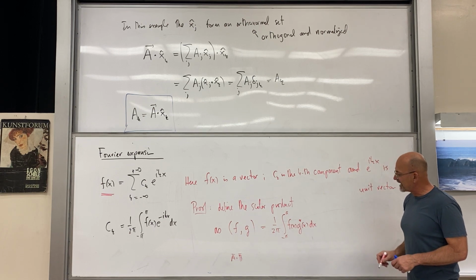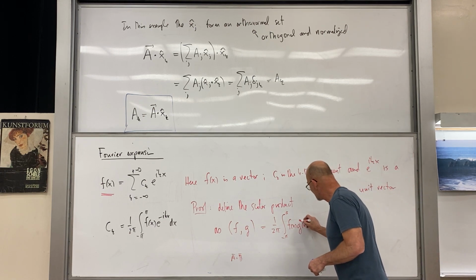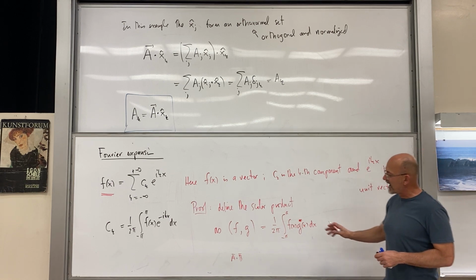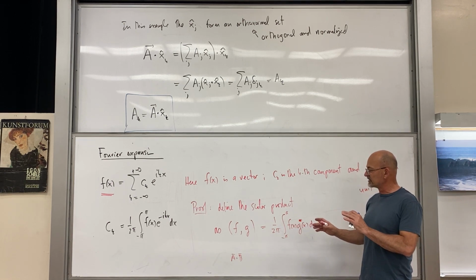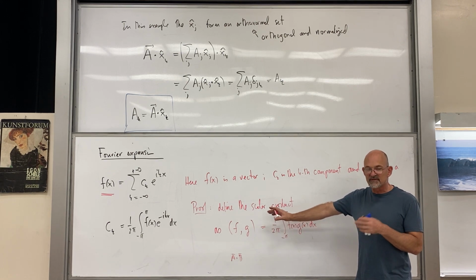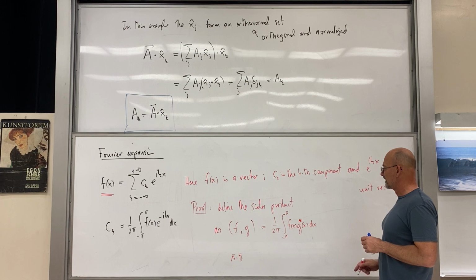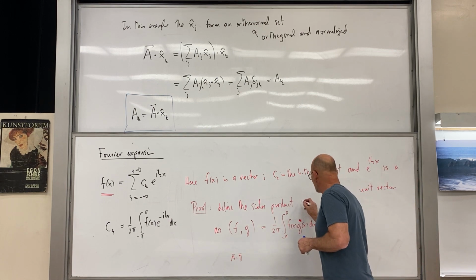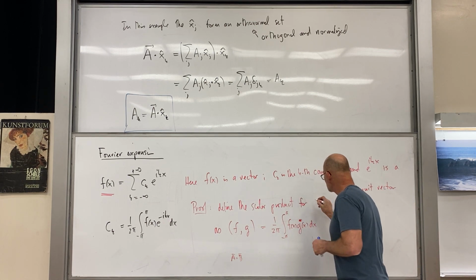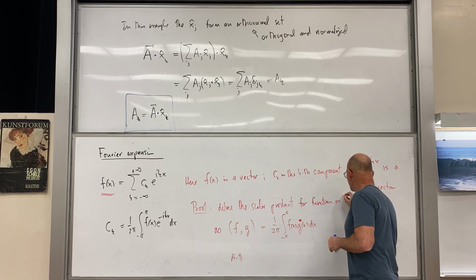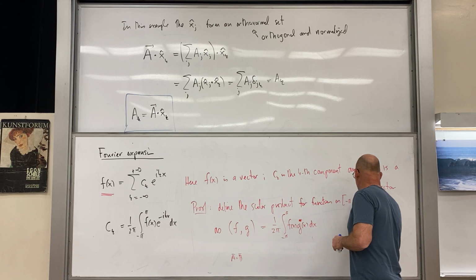So we're going to define that as a scalar product, and strictly speaking, we have to go back and list all of the properties of scalar products and stuff. We're doing the quick version first. So this is the scalar product for functions on the interval minus pi to pi.